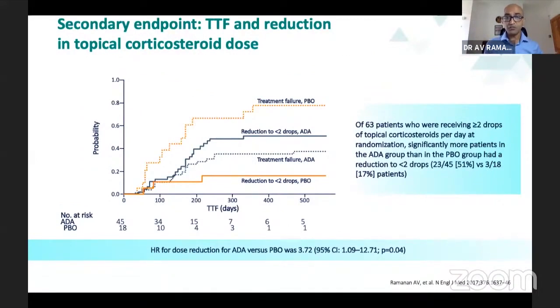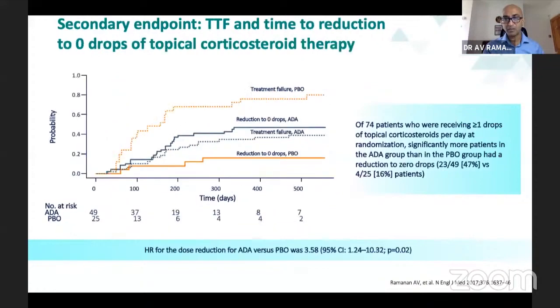It's not enough, as most of you ophthalmologists would know, that if you can control the inflammation, you also want to reduce the drops. And I've just demonstrated to you that 2 drops is the key for the ability to induce cataracts or not. So this survival curve shows we were able to reduce the drops in the group which had adalimumab compared to the group which had placebo.